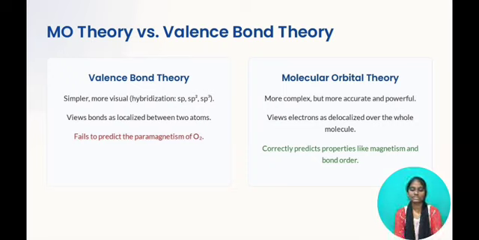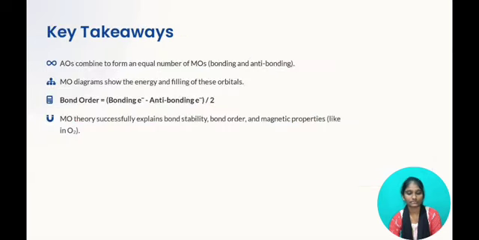Molecular orbital theory is more complex but more accurate and powerful. It views electrons as delocalized over the whole molecule. It correctly predicts properties like magnetism and bond order. Key points: atomic orbitals are combined to form an equal number of molecular orbitals.